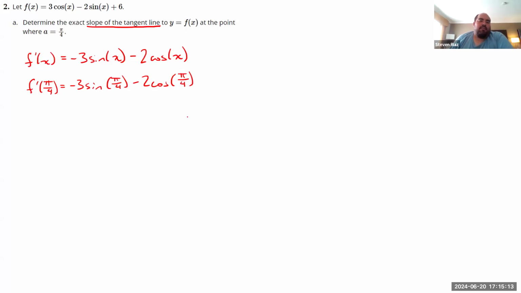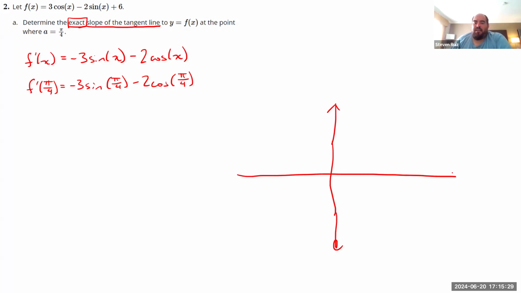So we want to do this exactly, so I am going to avoid using a calculator. Let's figure out what the sine and cosine of these angles are. Quick refresher of what sine and cosine mean.